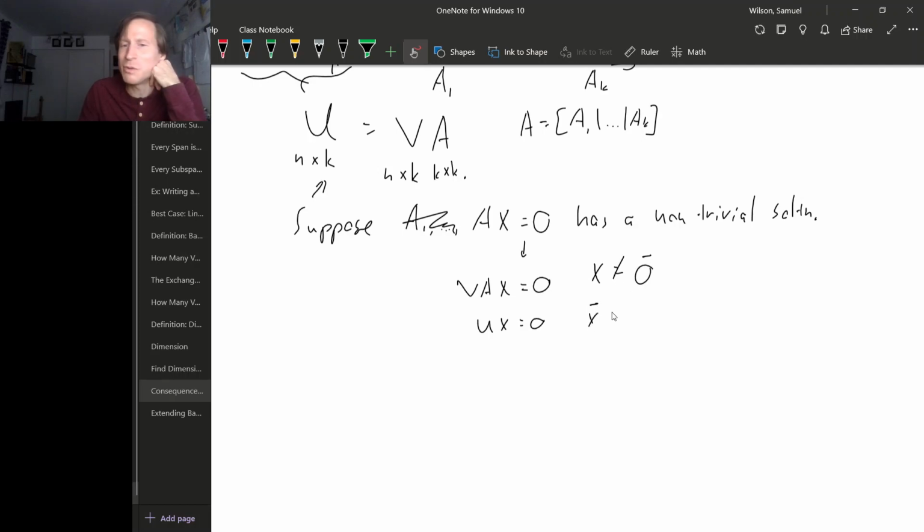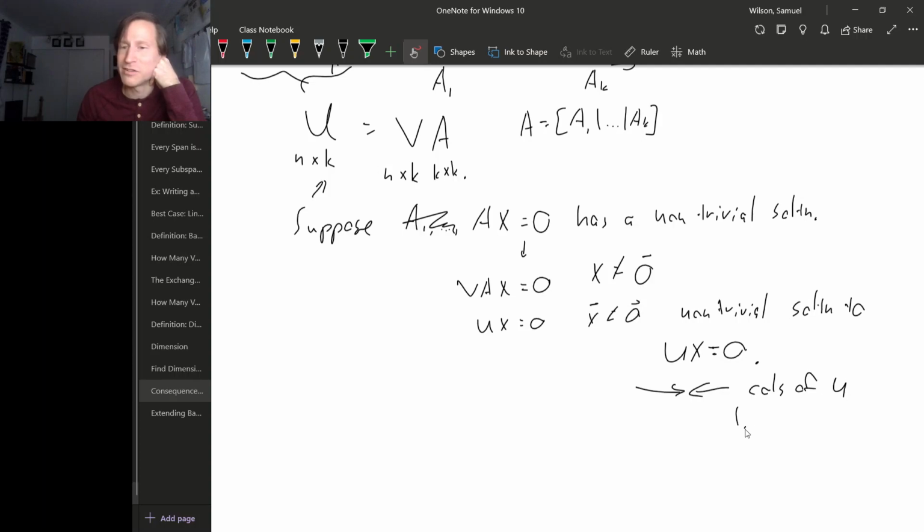So here we would have a non-trivial solution to Ux equals 0. But that can't happen because the u's are linearly independent. So this is actually a contradiction. This can't happen because the columns of U are linearly independent.